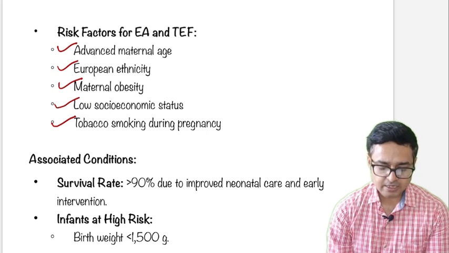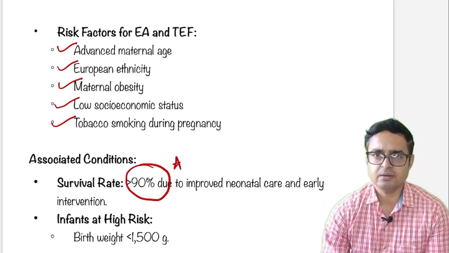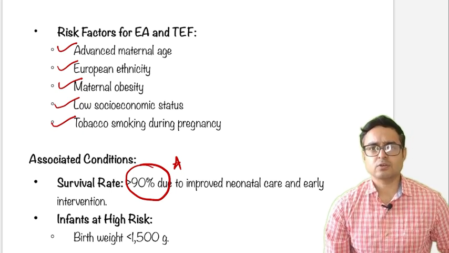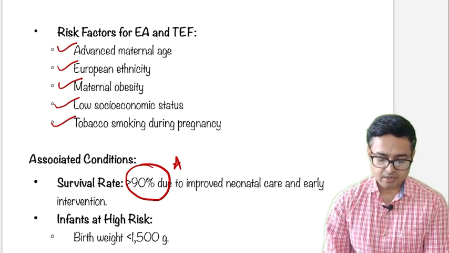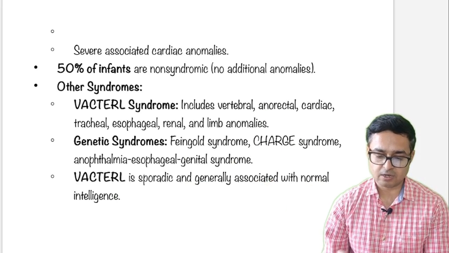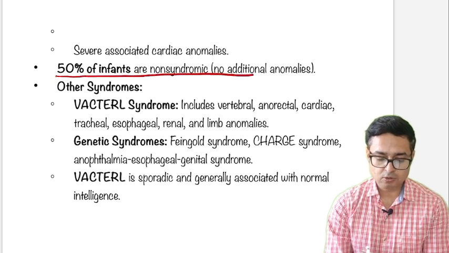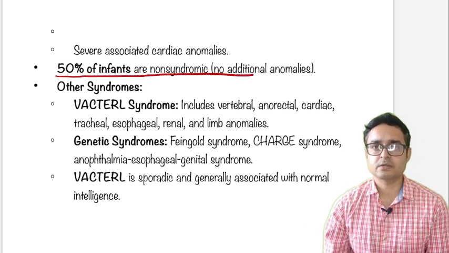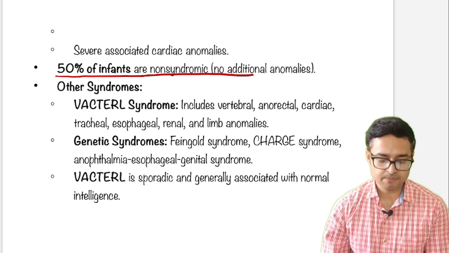The survival rate, as we know, is more than 90% unless it is associated with any abnormality. Infants less than 1.5 kg are at high risk. 50% of infants are non-syndromic, not associated with any anomaly.